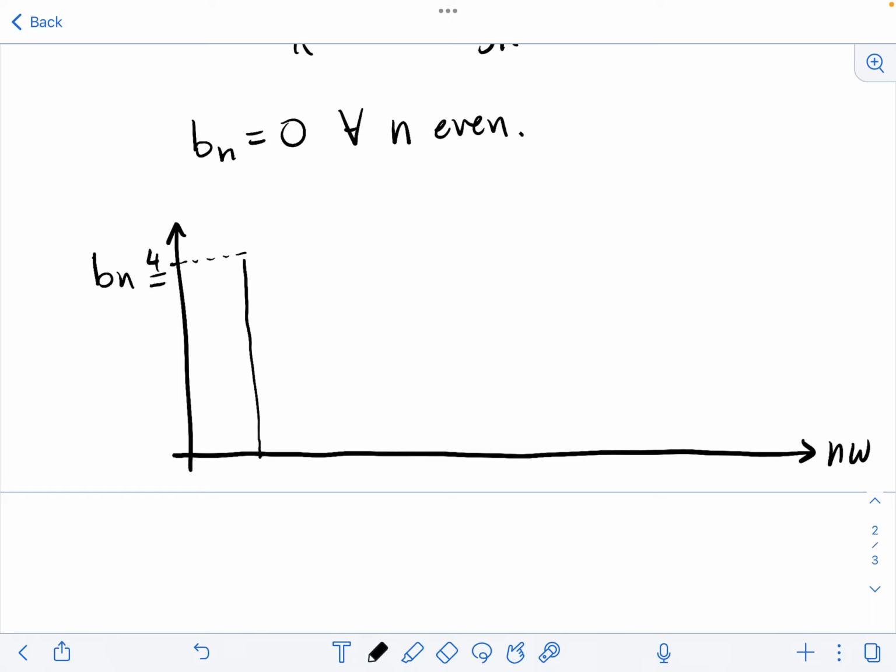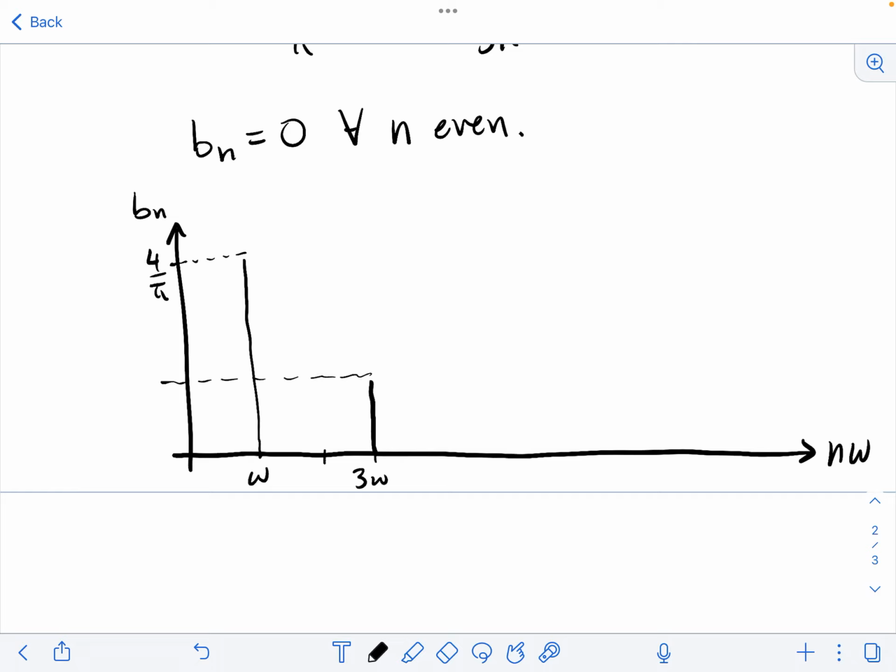This occurs when n equals 1, and then this would be n equals 2 and 3, so this would be 3 omega, and we would get a peak at 1/3 that height.